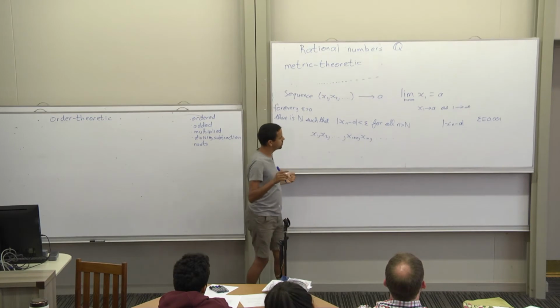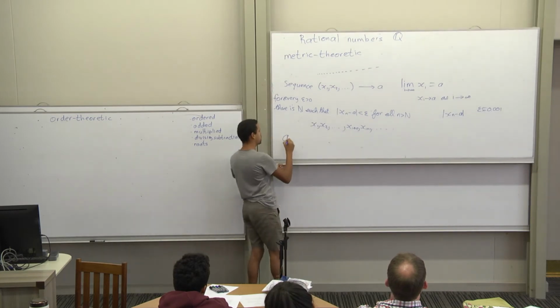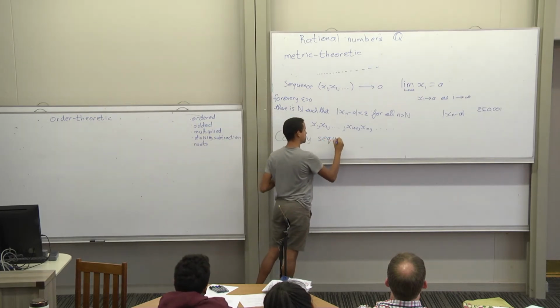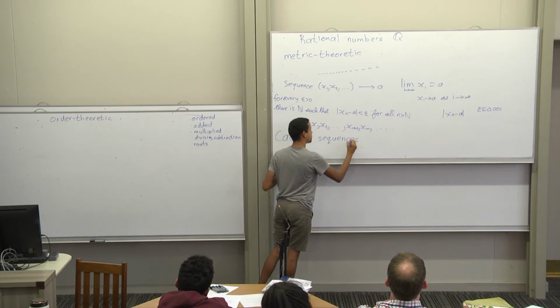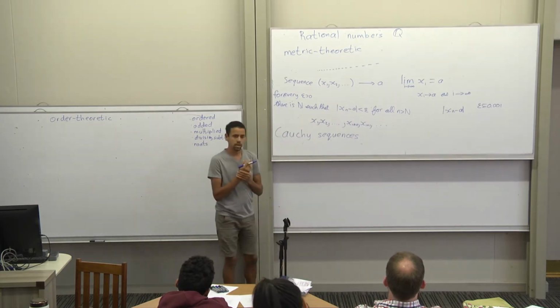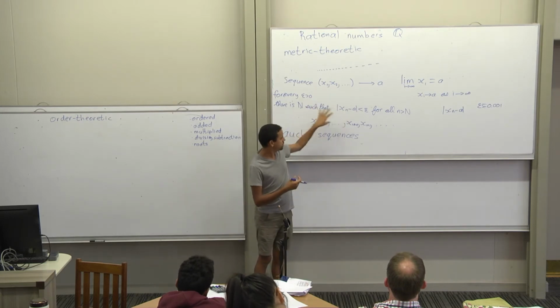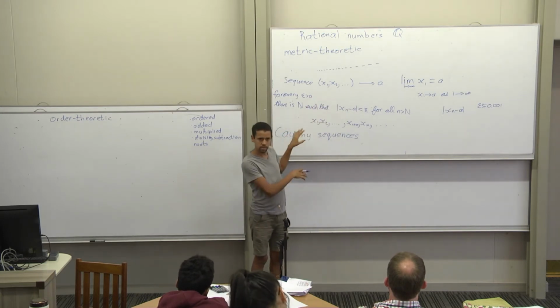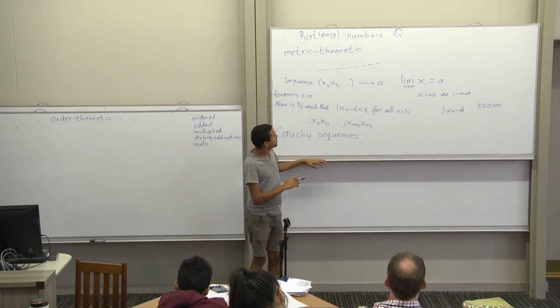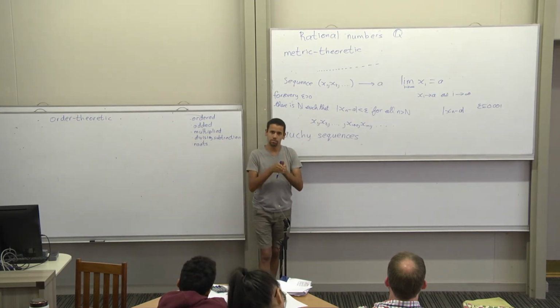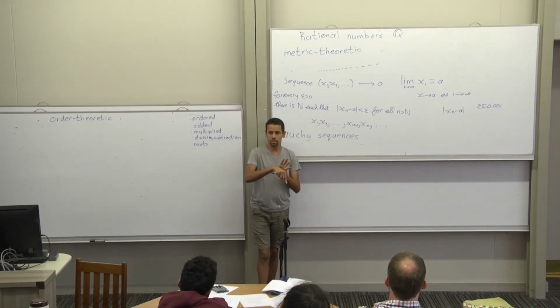And that is where Cauchy sequences come in. A Cauchy sequence is a sequence which has some similar property to this. I'll write it down soon. We want to say that the sequence converges, it goes towards some value, without actually referring to the value that it goes towards.